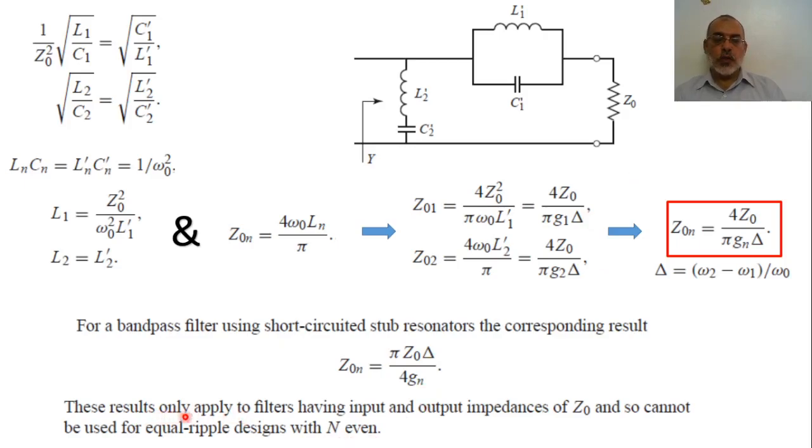So these results only apply for filters having load impedance of Z0, so they cannot be used for equal ripple or Chebyshev filter with n even. Must be n odd in this case for Chebyshev filter.